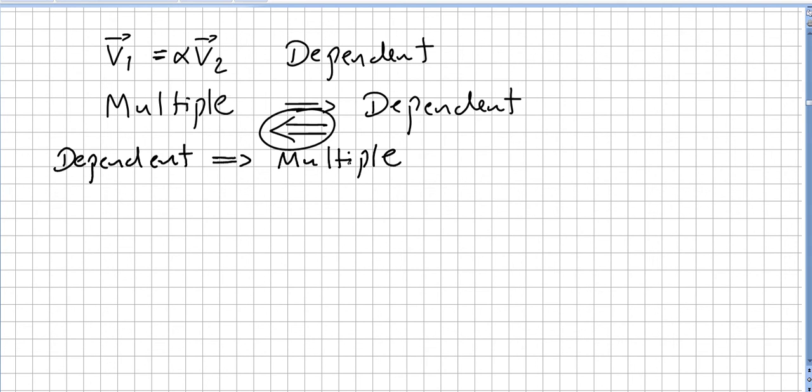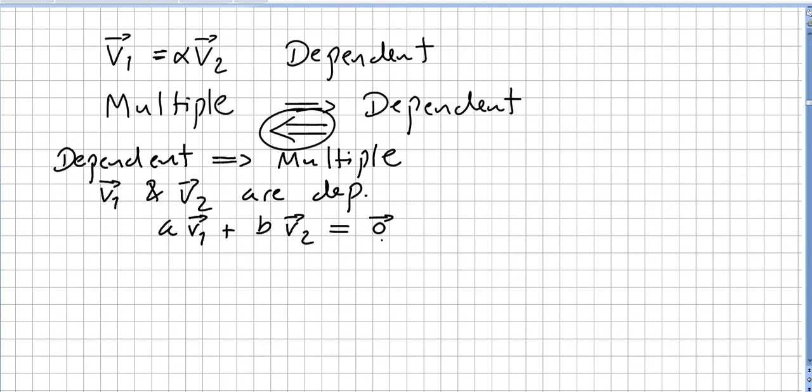So let us say that v1 and v2 are dependent. So there will be scalars, a times v1 plus b times v2, where, since they are dependent, you will get the zero vector, and not all of the scalars will be 0.